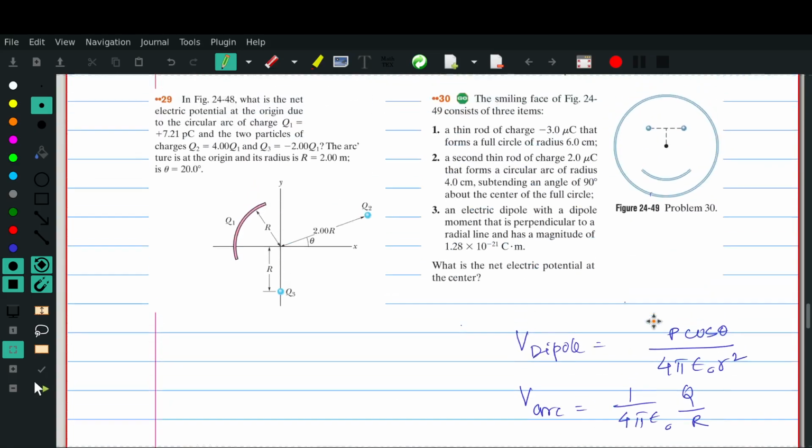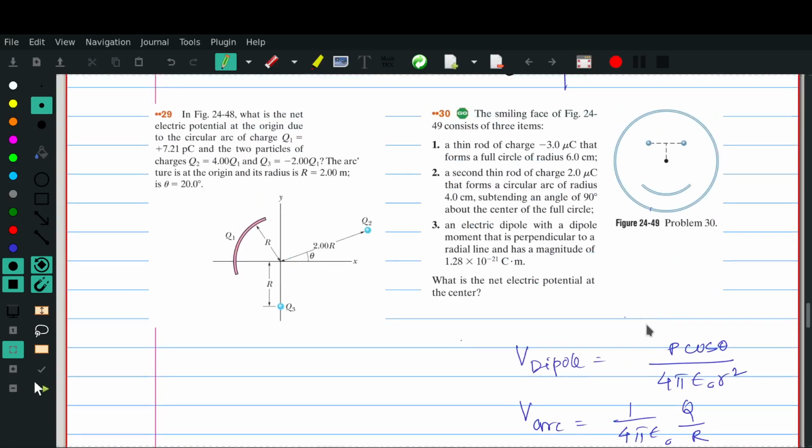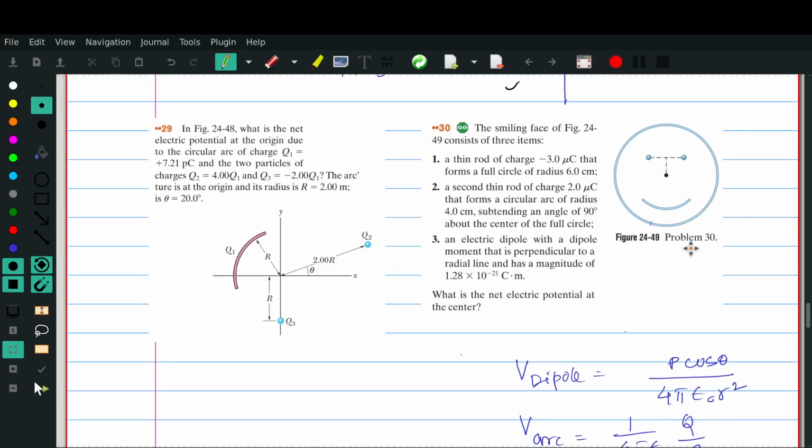Okay, so let's talk about this one. This is a funny looking problem. What we have here is a smiley kind of configuration. There is an arc sitting here, a dipole sitting here, and a whole circle sitting here, and they are asking to calculate the potential at this point, at the nose of this smiley.